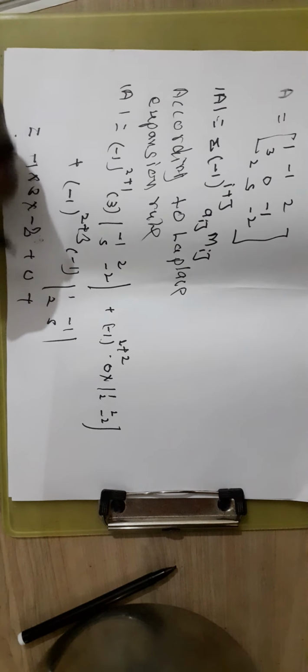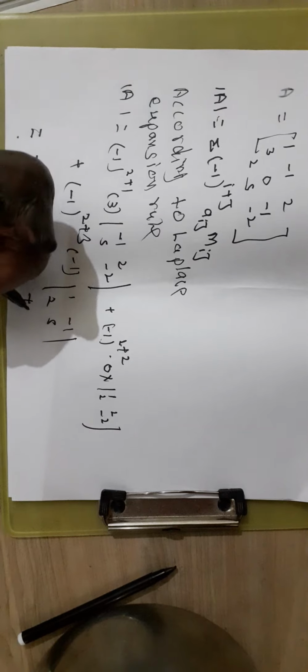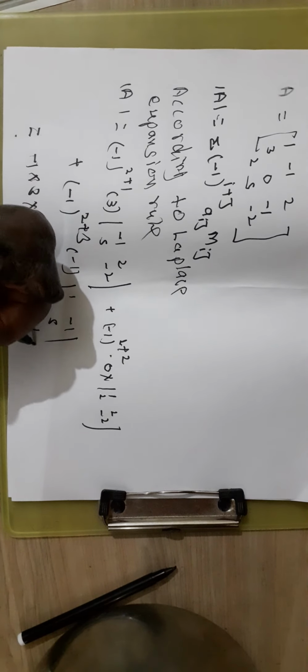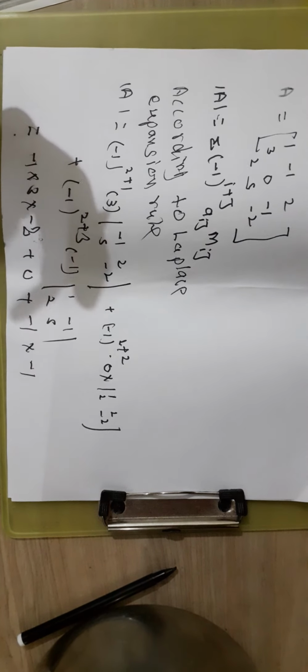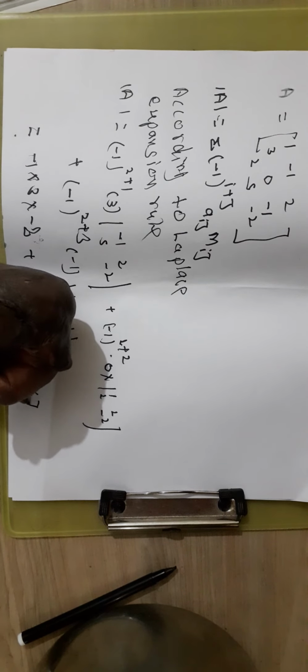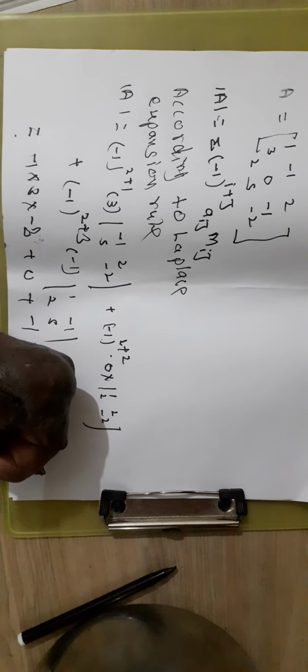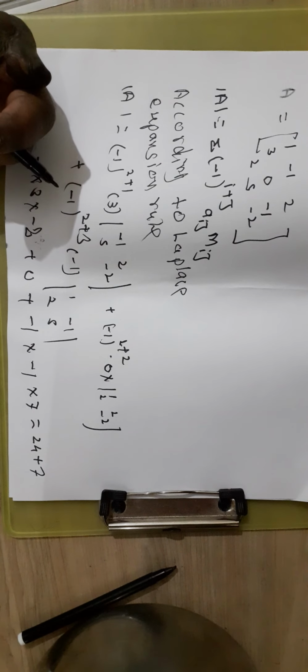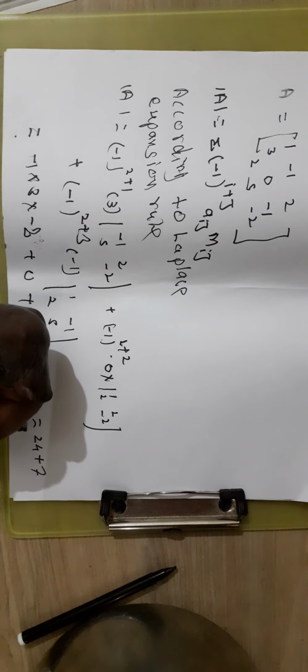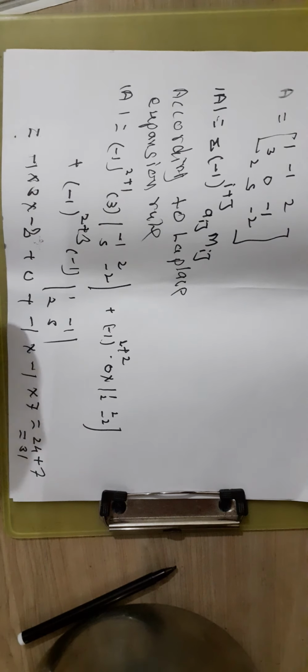Now plus, (-1) raised to power 5 is -1, into -1, and this value is 5 plus 2, which is 7. 8 times 3 is 24. 24 plus 7 is equal to 31. Therefore, the determinant of A is equal to 31.